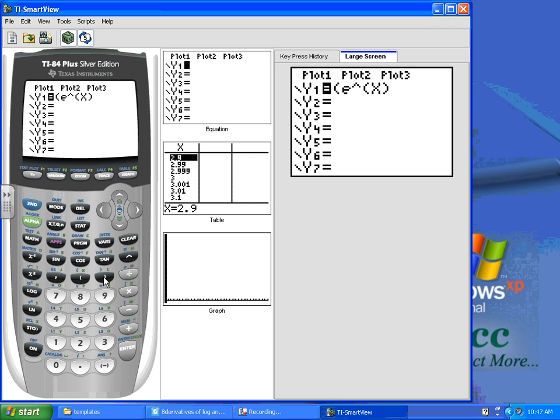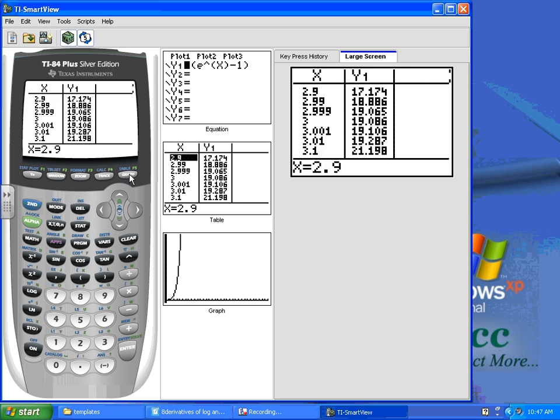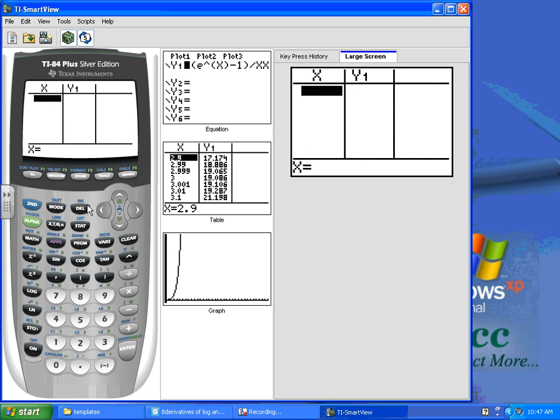So I'm trying to enter e to the h minus 1, but I'm just using x because it's easier to put in the calculator, divided by h, in this case again x. I'm going to go to the table. I got 0 over 0 when I tried to do this with a regular limit. That did not work out. What did I do? Let me go back, sorry.